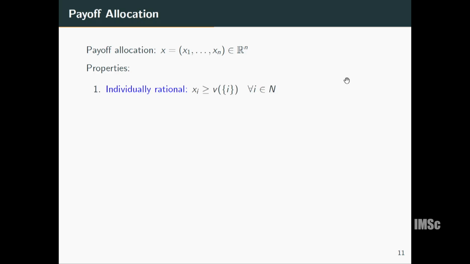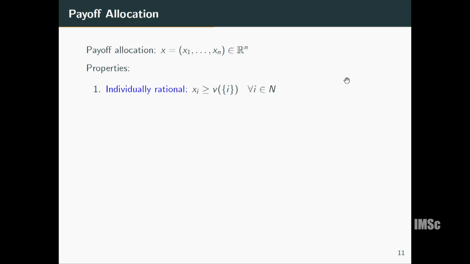Let us try to understand some of the properties. The first property is called individual rationality. I don't have a disagreement point right now. When we define the value function, it is basically defining the worth of a coalition.